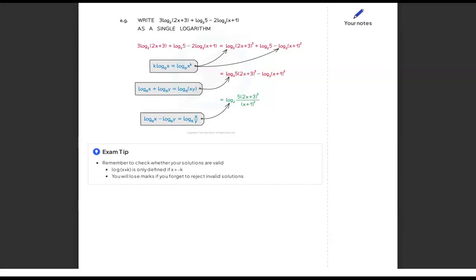So if you have something like this, 2 log base 3 of x minus 5 equals log base 3 of x minus 5 squared.